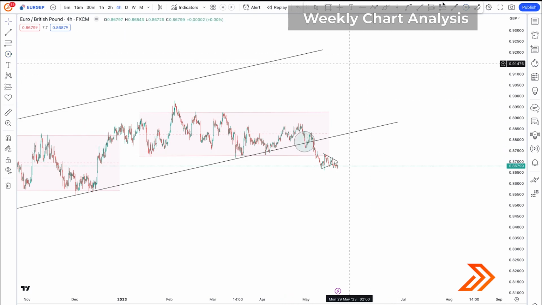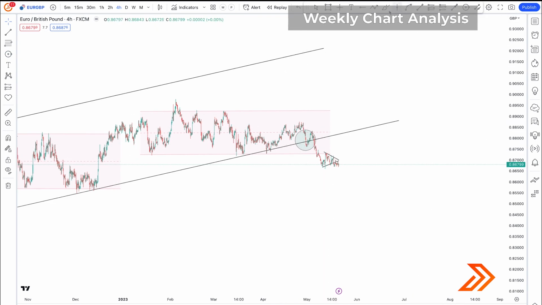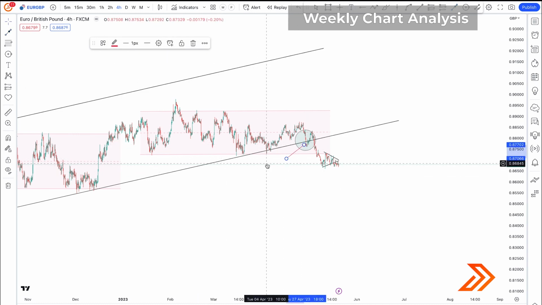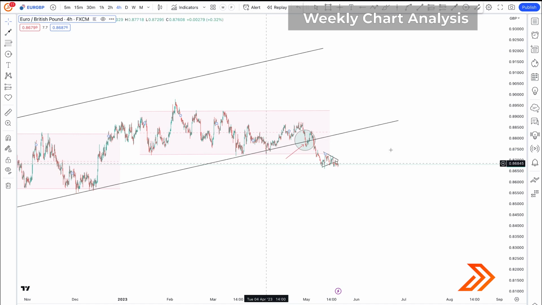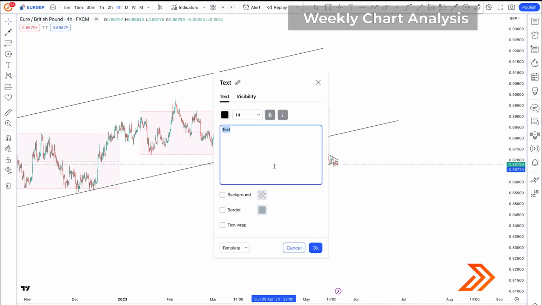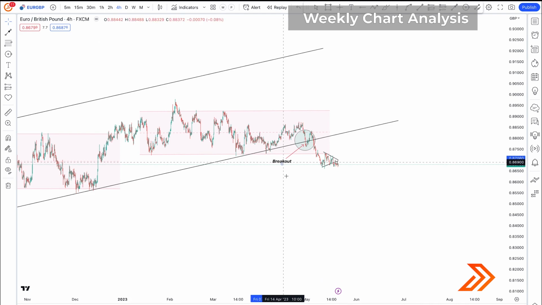So we had price breaking out of this zone here on euro pounds. So this is more of a breakout of that support channel on euro pounds, guys.